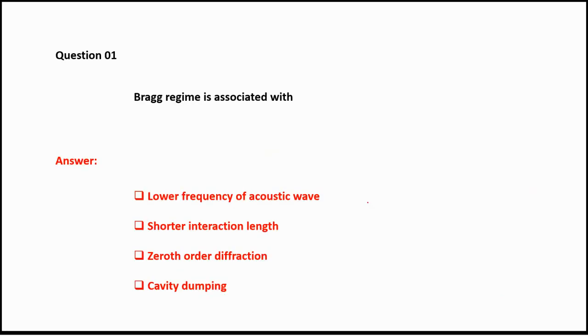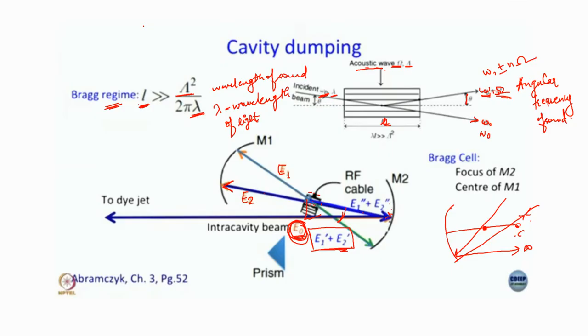Okay. Now, coming back to our question, what is asked is what the Bragg regime is associated with. Bragg regime, first of all, zeroth order diffraction, yes, it is one of the characteristics. For the Bragg regime, as I told you, you can see from the relation that L should be greater than capital lambda square upon 2 pi lambda.